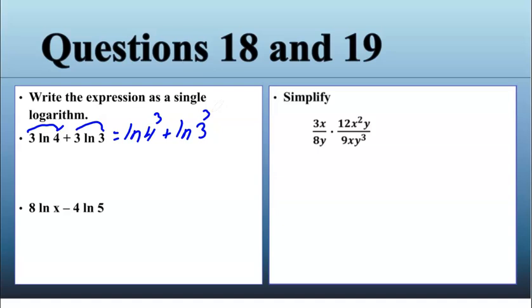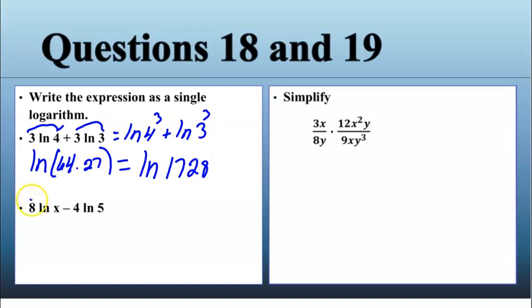Now 4 cubed would give us 64, and 3 cubed would give us 27. So if we put this all under 1 natural log, this would be natural log of 64 times 27, which will give us the natural log of 1,728.